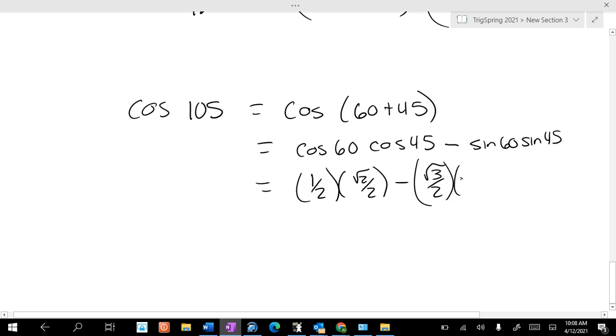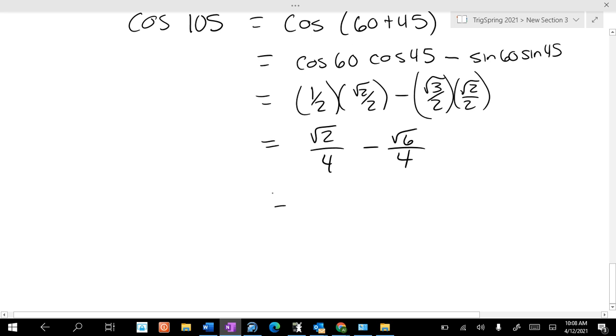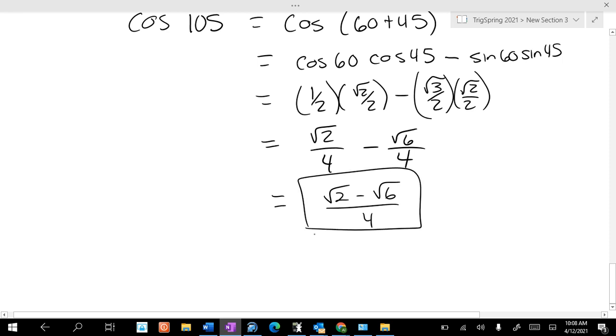Sine of 45, square root 2 over 2. So all of your answers will look very similar to each other. They'll all have a square root of 2 and a square root of 6 and a 4 in the denominator. It'll just be different combinations of pluses and minuses. So the cosine of 105 degrees is square root of 2 minus square root of 6 all over 4.